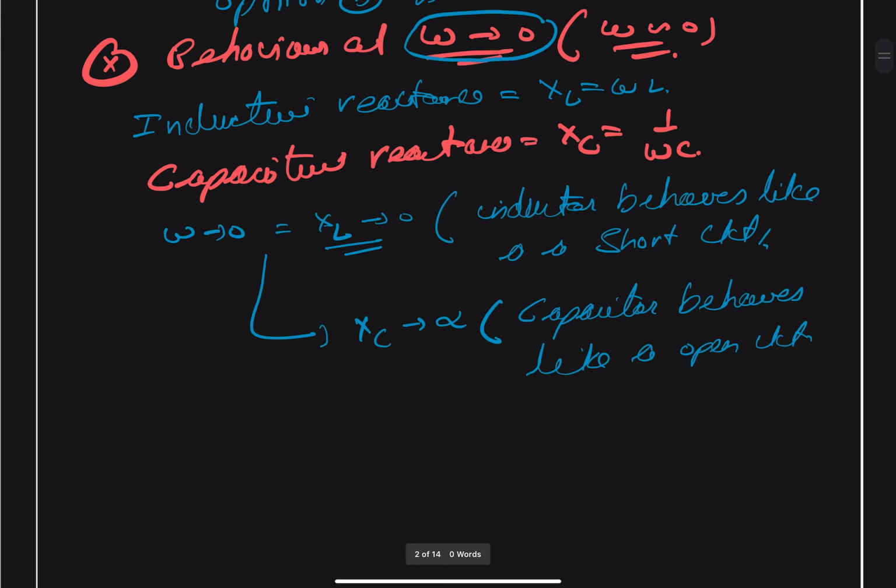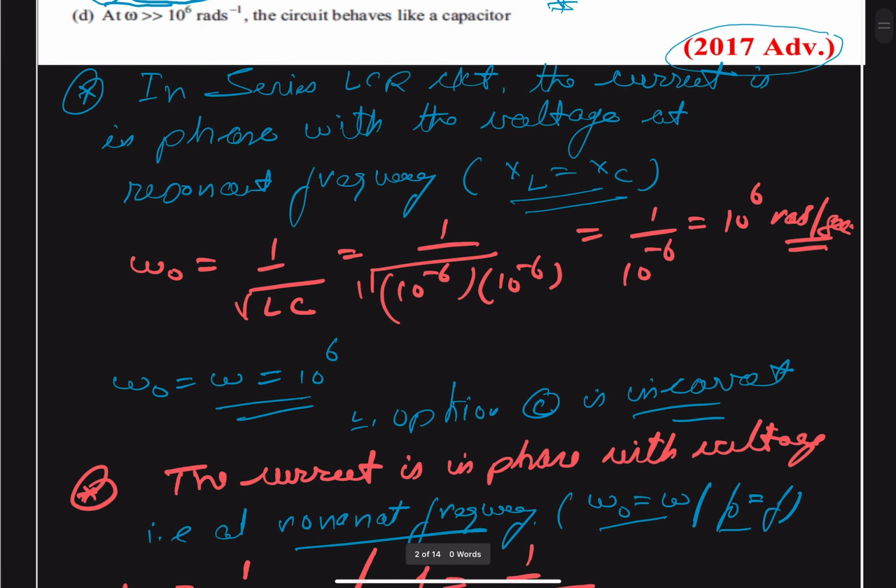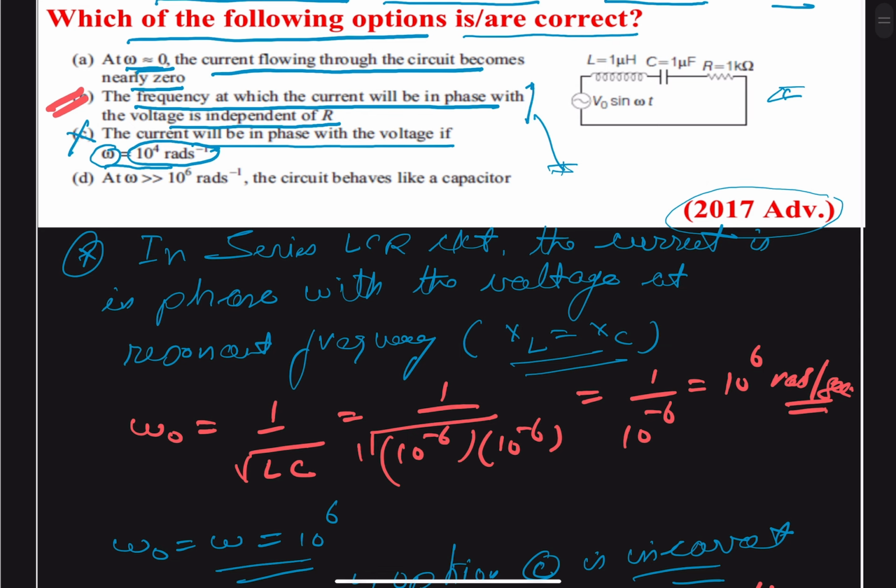So obviously, as it is a series LCR circuit, the capacitor is going to act as open circuit. Therefore the current in the circuit will be nearly equal to 0.